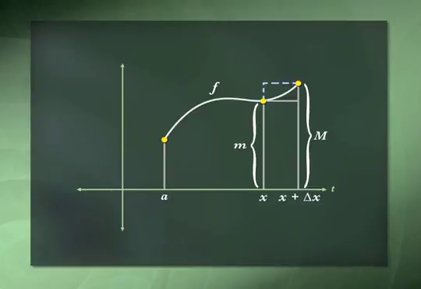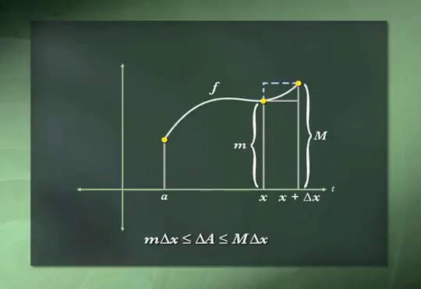Writing it as an equation, m delta x, that's the area of the small rectangle, is less than or equal to delta a, that's the area under the function between x and x plus delta x, and that's less than or equal to big M times delta x. We've sandwiched the area under the curve between two rectangles. One is smaller and one is larger.